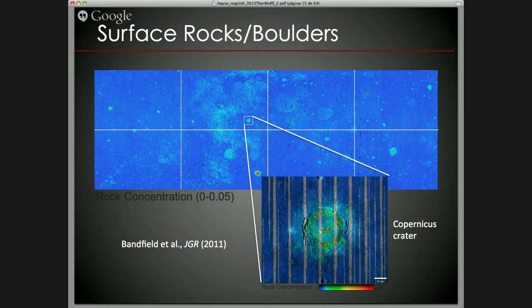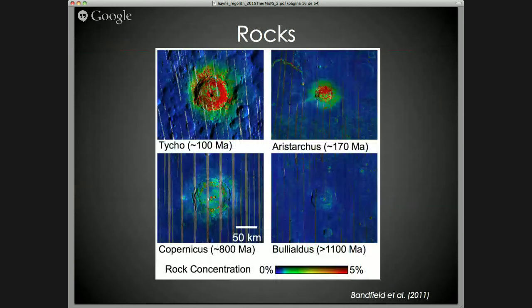So this shows this kind of age progression again, and actually the next talk, which is contributed by Rebecca Gent, is going to talk about this process in detail, but this is a very important observation, which is that over time the rocks on the lunar surface are pulverized by impacts, and so the rocks tend to disappear as the regolith forms. We can actually quantify the rate at which these ejecta blocks break down on the surface over time, just by looking at the relative age dating of the different impacts.